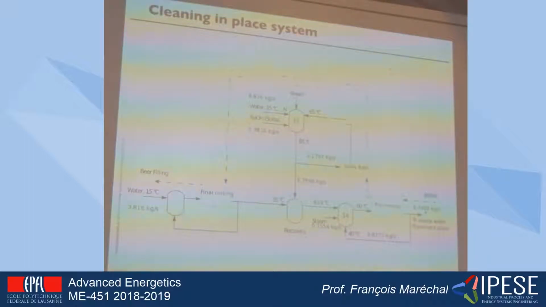Okay? So it's a trick in order to avoid spending too much water. So now the question is, looking at this flow sheet, what are the hot and the cold streams?